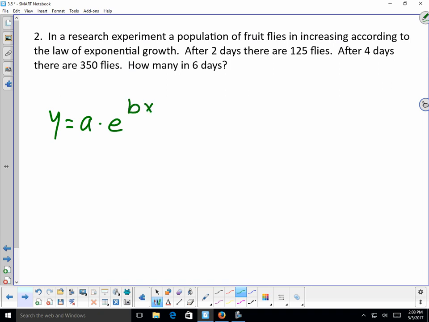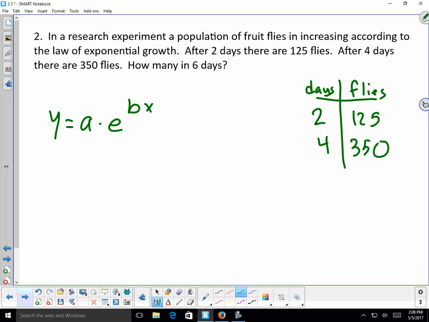All right, let's make a little table of what we know. After 2 days, there's 125 flies. After 4 days, there's 350 flies. I'm going to be plugging in 2 for x and 125 for y in this model. So I have 125 equals a times e to the b times 2.